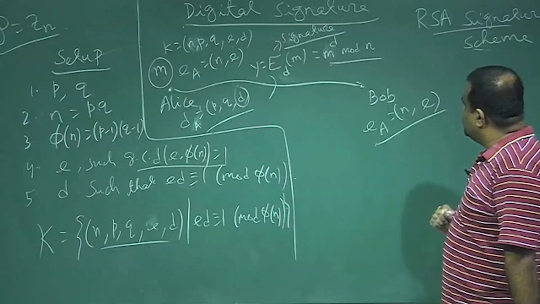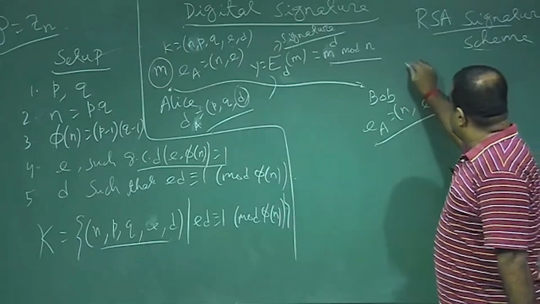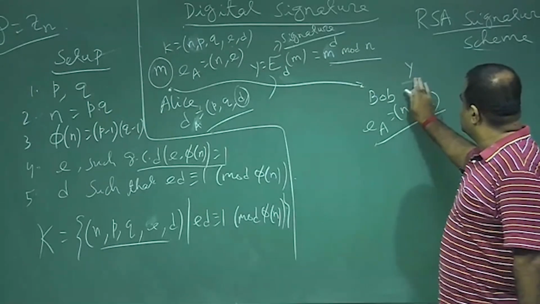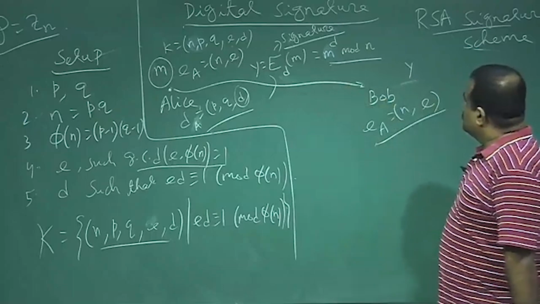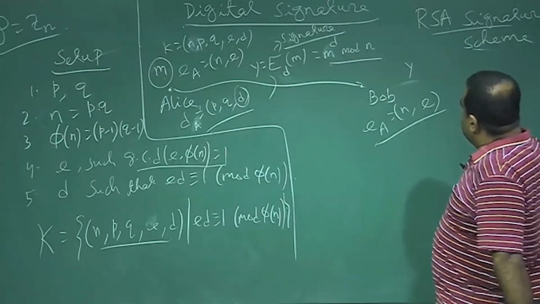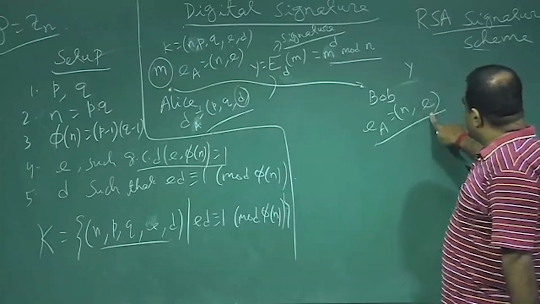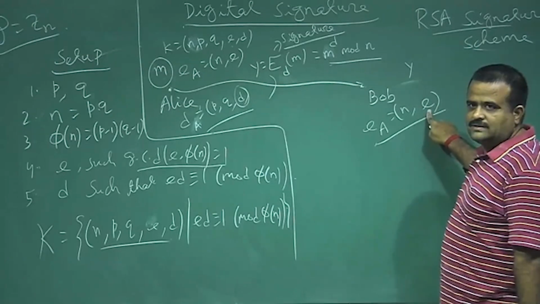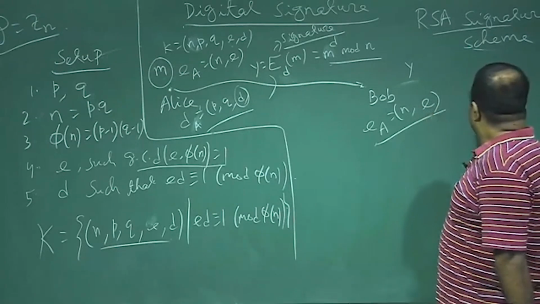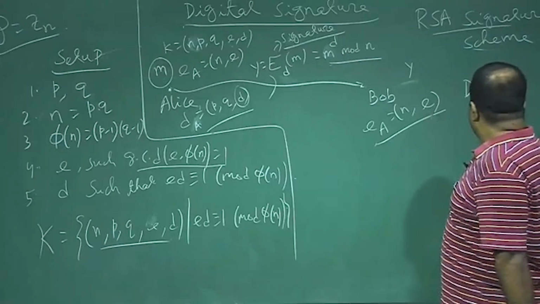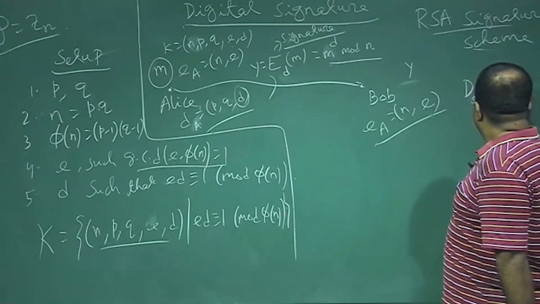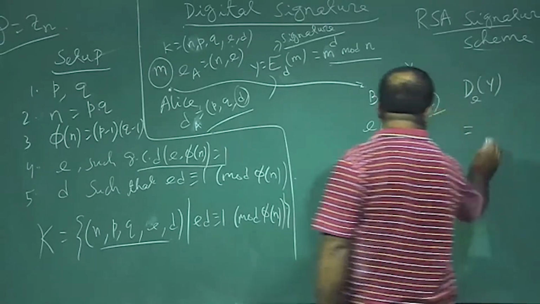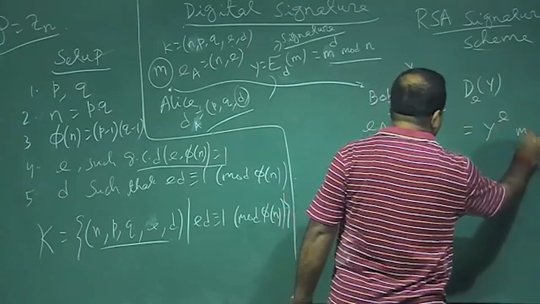Now, upon receiving this, Bob is getting Y, this signature or the ciphertext we can say. So, now what will Bob do? Bob will decrypt it using the public key of Alice. This is the RSA decryption. So, Bob will decrypt this Y using the public key of Alice, which is basically Y to the power E mod n.